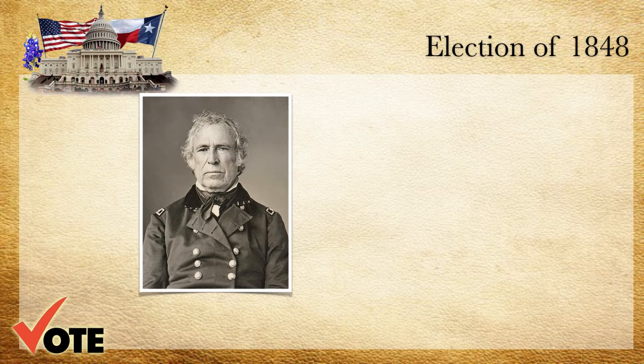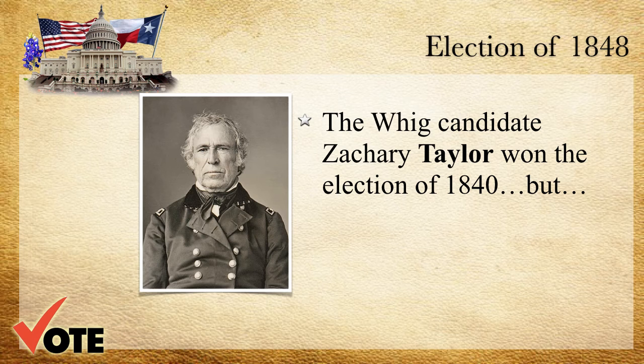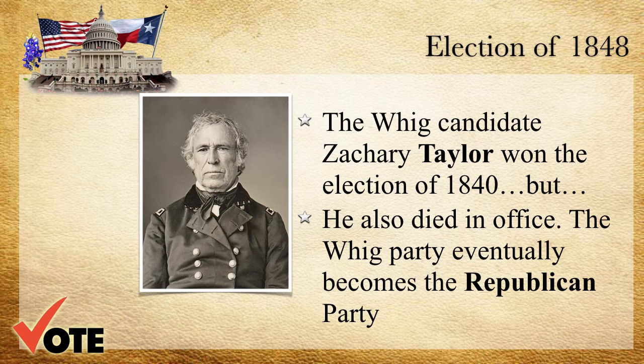But he, at this point, becomes the front runner, and wins the election, but he also dies in office, kind of putting an end to the Whig Party, not just because of this, but other factors. The Whig Party goes away and the Republican Party takes its place, and it is the Republican Party that we know today. And that is chapter 13.